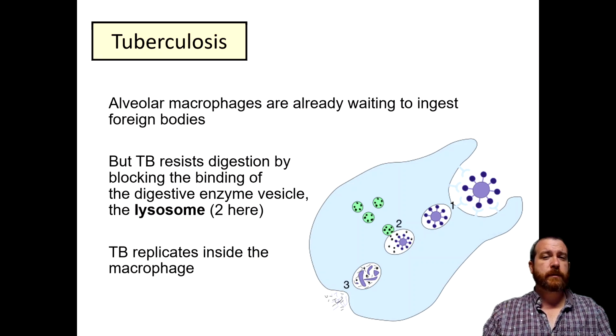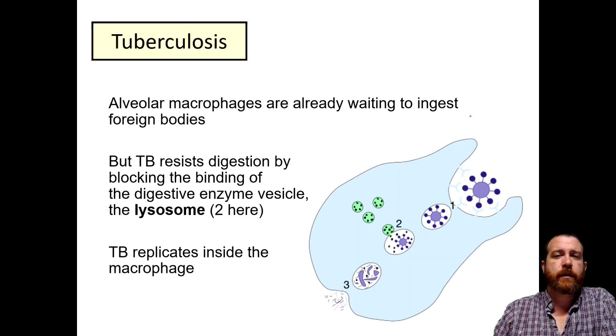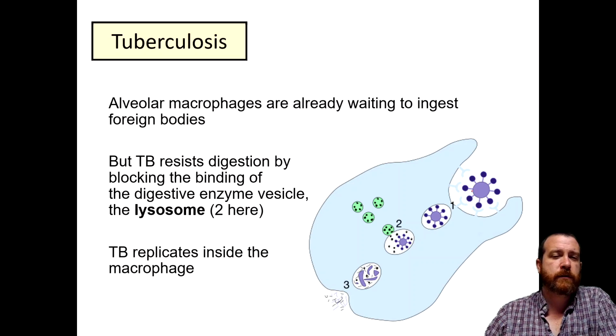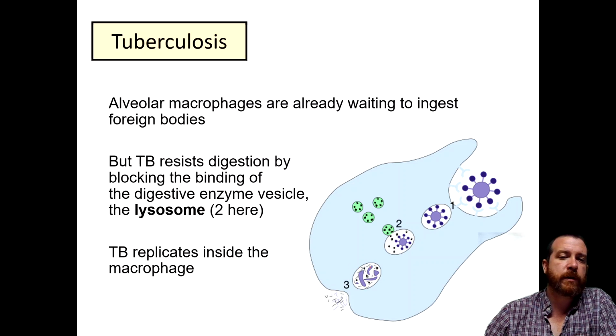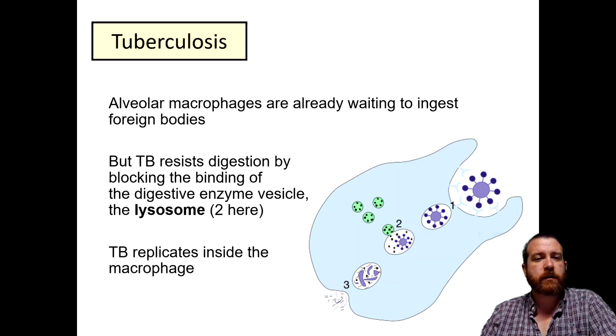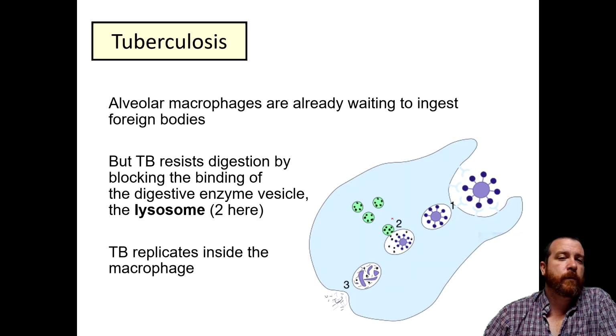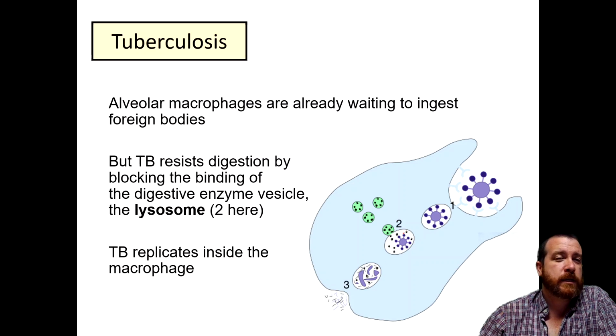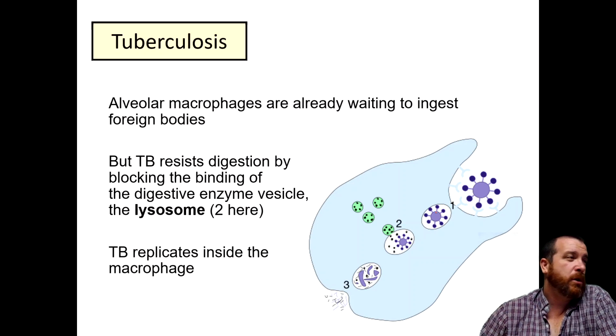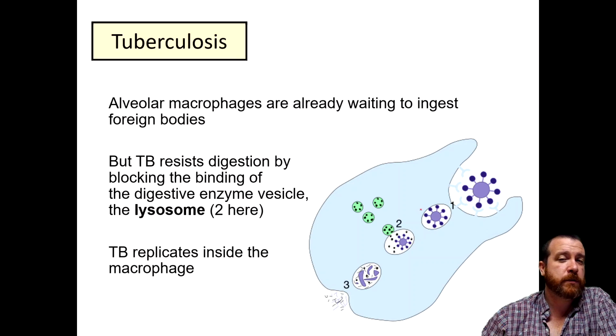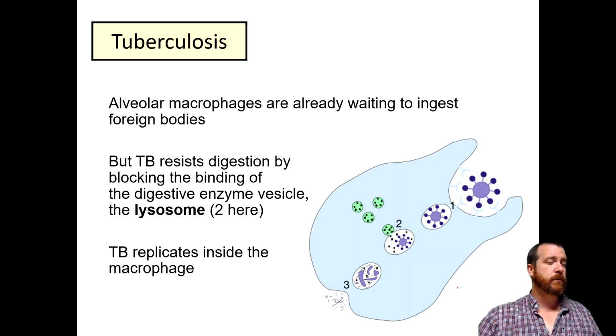Normally the pathogen gets broken down and destroyed, right? Remember, we have a phagosome. That phagosome is bound with a lysosome, and then we have the broken bits and chunks in a phagolysosome. Well, TB is actually okay with getting eaten by a macrophage. It's not the best thing in the world, but it's not the end of the world.